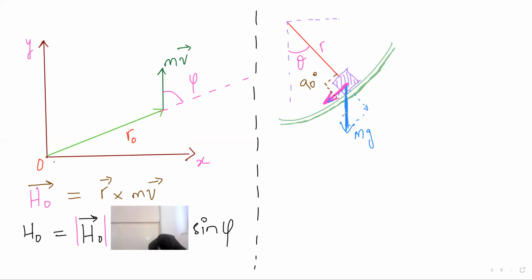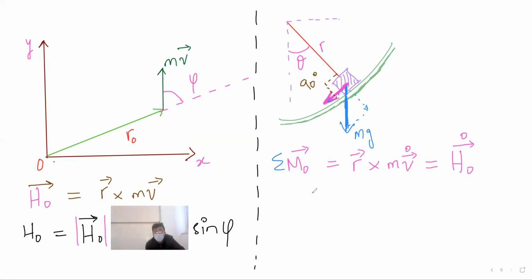So finally, I get summation of moments, but it was a very good question, by the way. Summation of moments is equal to R cross mv dot. What was the equation? H naught dot, right? Everyone agrees with this part. Now you proceed.